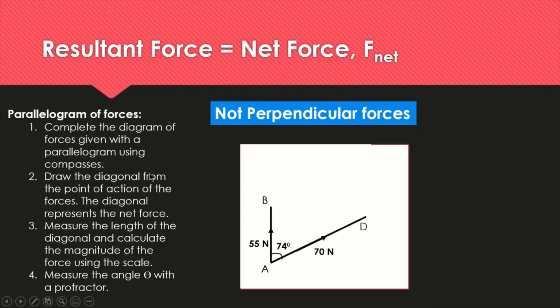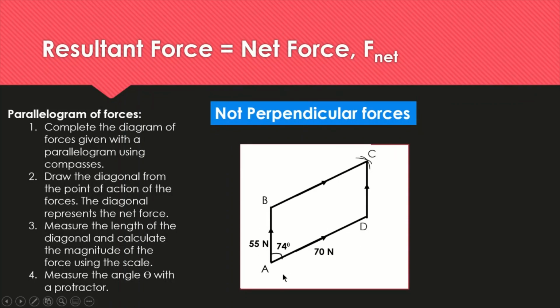Of course, we need a pair of compasses. Using compasses, measure the length of AB and draw an arc, then measure the length of AD and draw another arc. So we get the point C. Join up to C to complete the parallelogram.